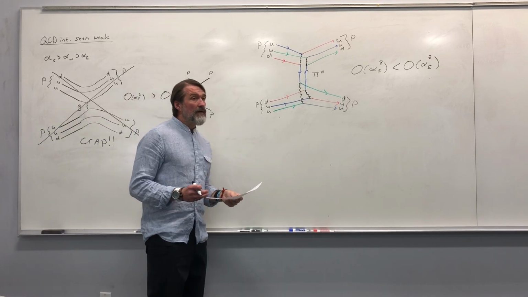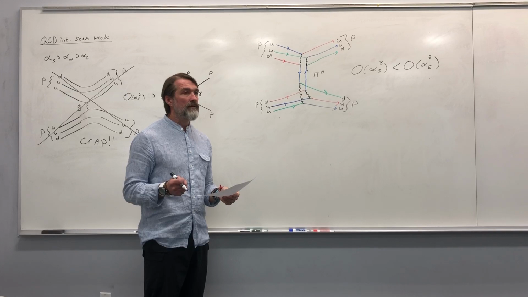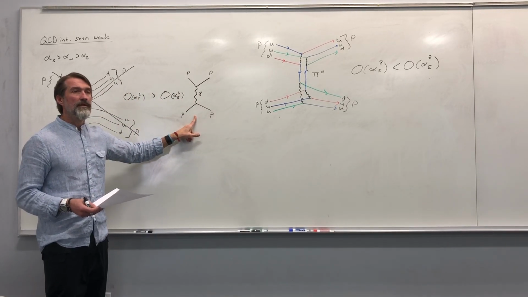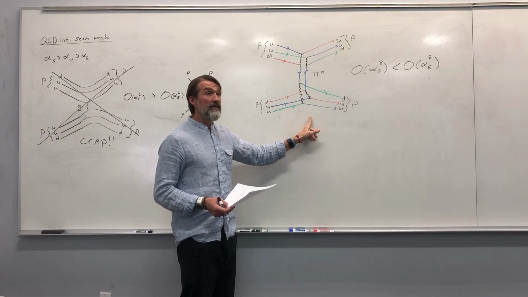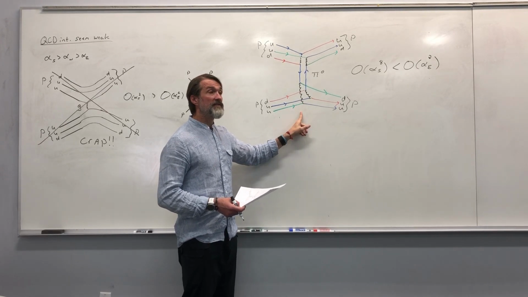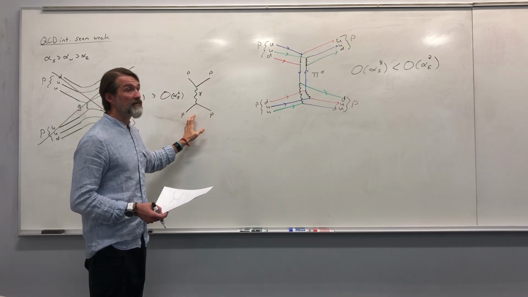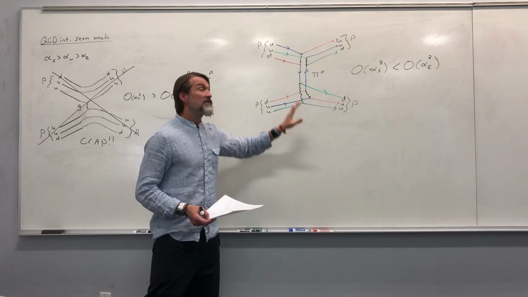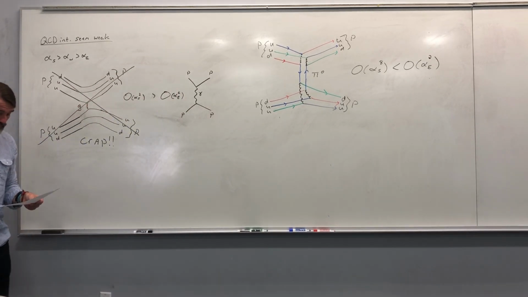If you did the interaction between a proton and a neutron, this contribution would be 0 because a neutron is chargeless. This would be the same. So for the interaction between protons and neutrons, this is the key ingredient versus electromagnetism. If you're talking about two protons, this is way more important than this. So this does play an important role. It's not that big of a deal when you're talking about protons and protons.